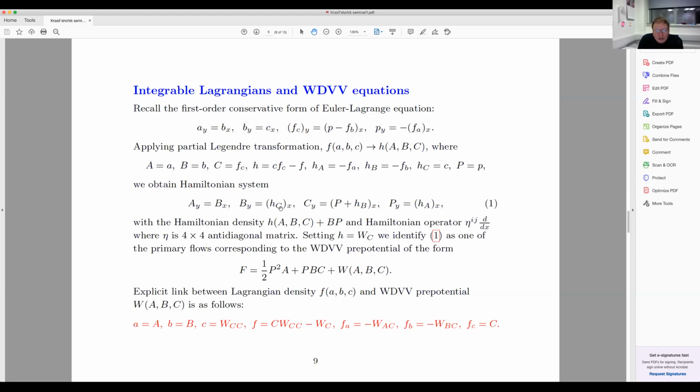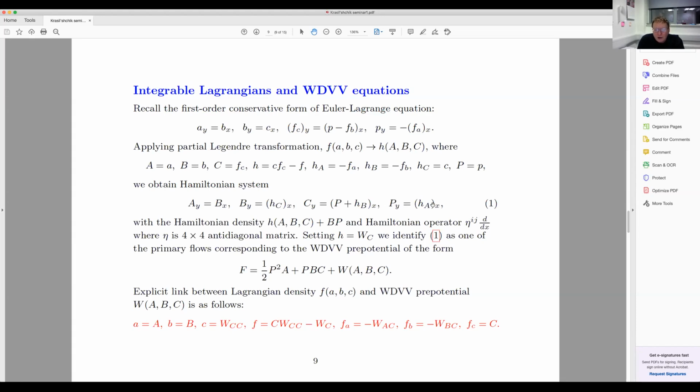Then this system becomes one of the primary flows of this prepotential. Remember, each prepotential has primary flows, and one of them will be precisely this system.